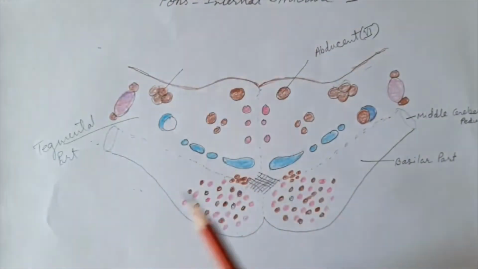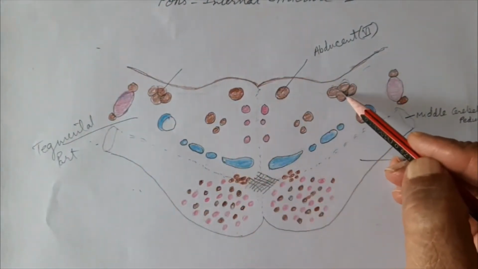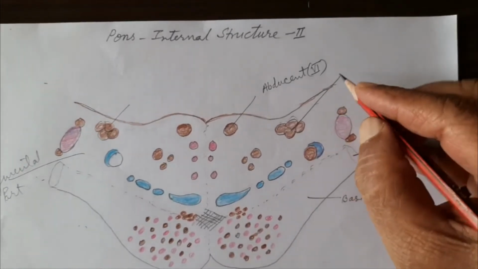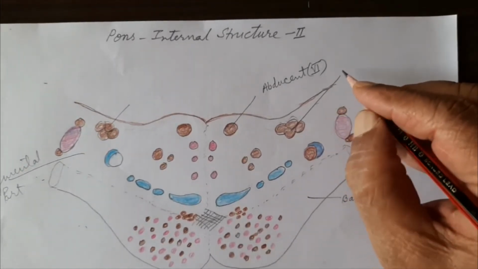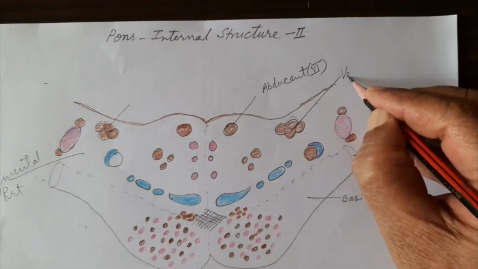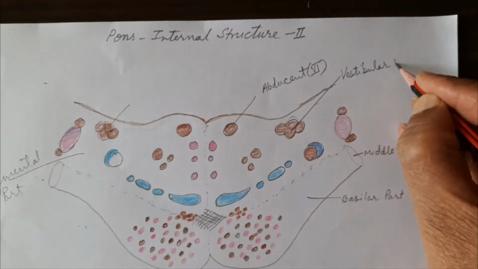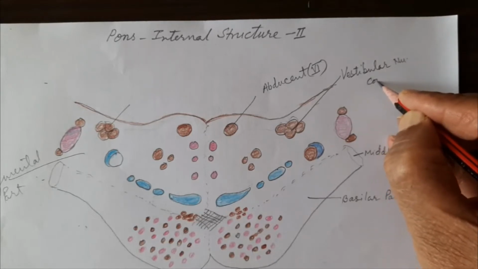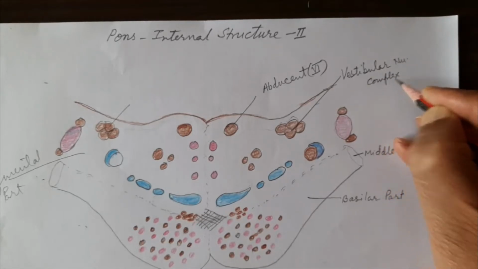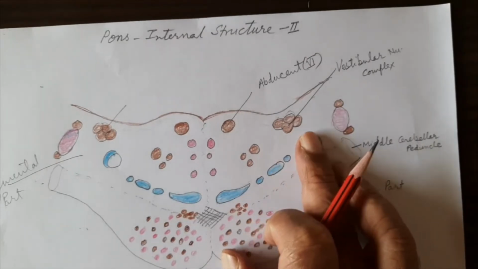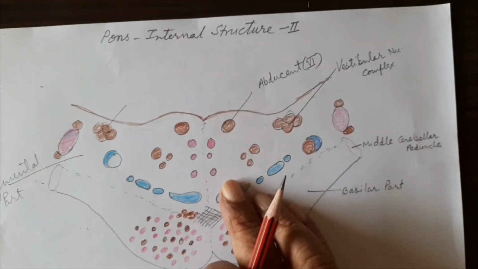Since it consists of four different subdivisions of nuclei, it is called the vestibular nuclear complex. The four divisions are the superior, inferior, medial and lateral nuclei.